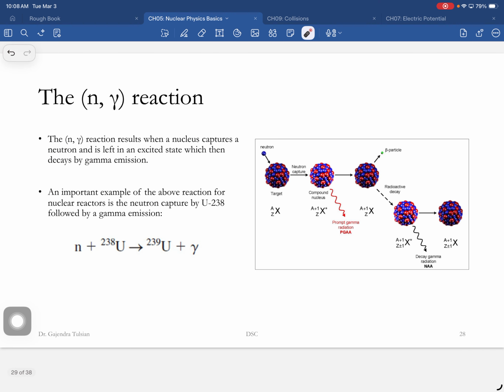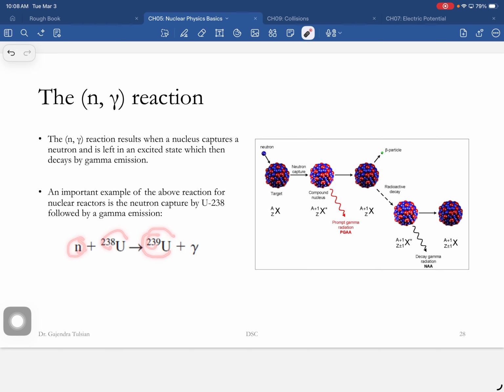So you saw that in the nuclear reactor at UF. Commercial reactors do 5%, but at UF it was 80% U-238 and less than 20% U-235. So that's what enrichment means.